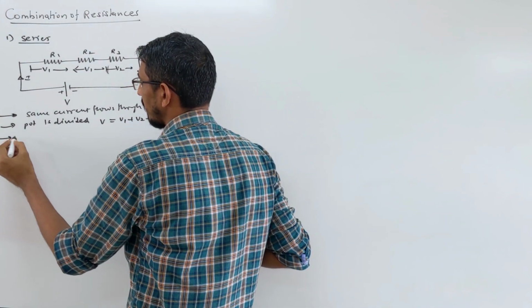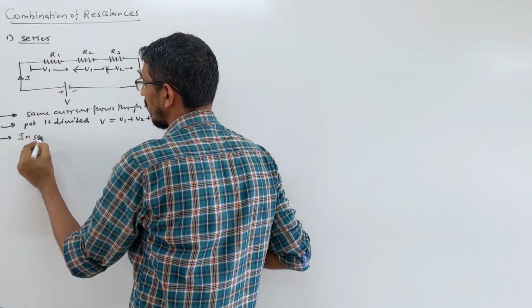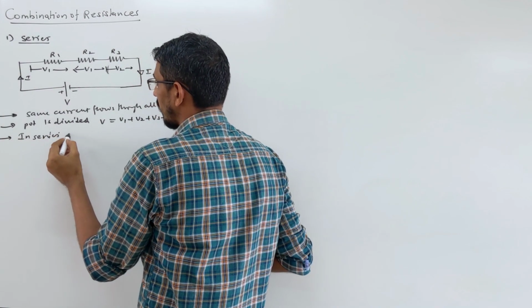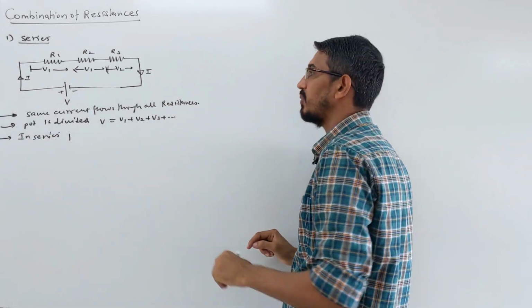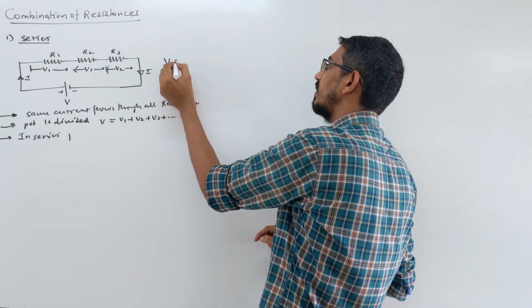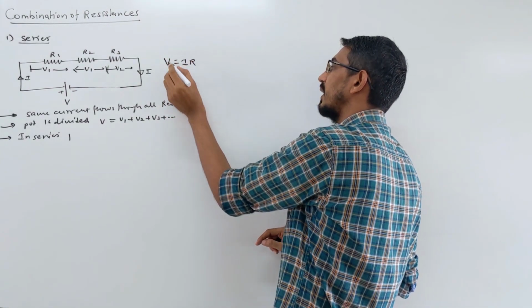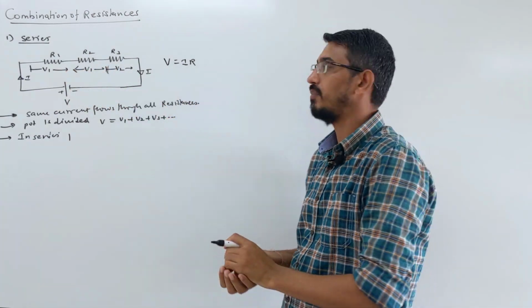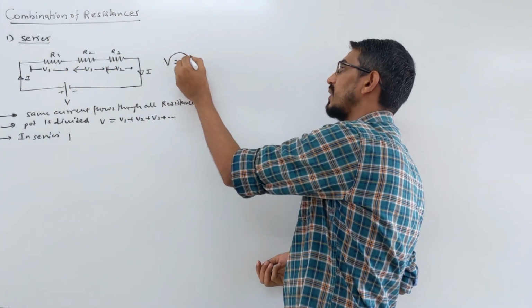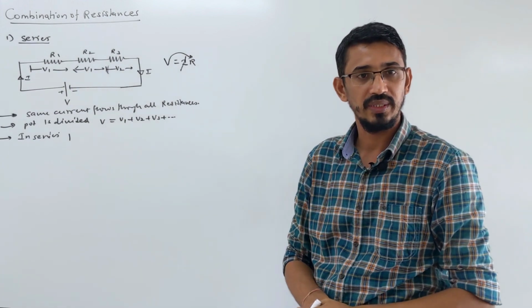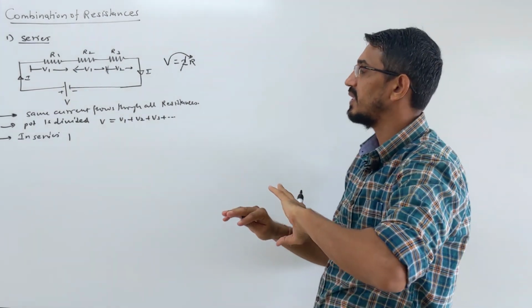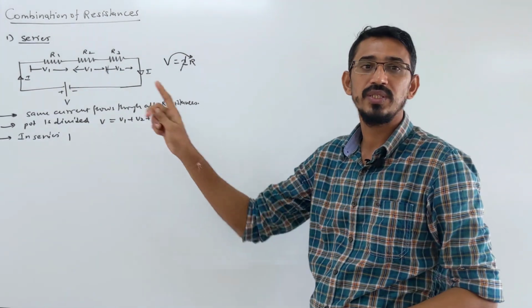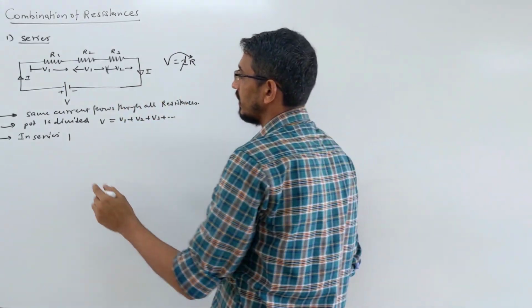So watch carefully. In series, look here, what is the general formula for potential? V is equal to I into R, correct? The current flowing through all of them is the same, so forget current; then potential and resistance are directly proportional. So potential is divided in proportion to the resistance of these resistors in series.